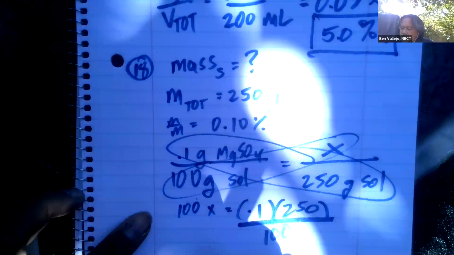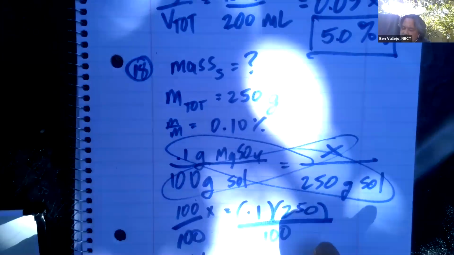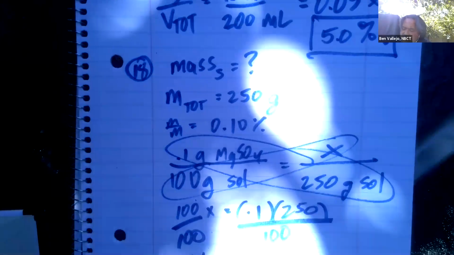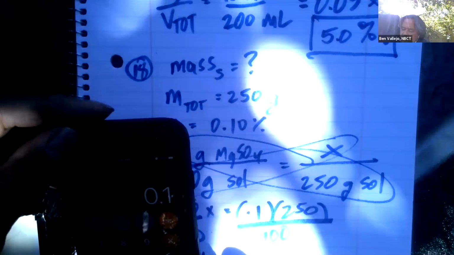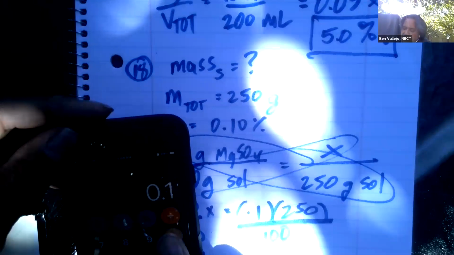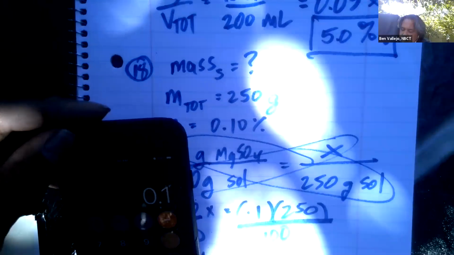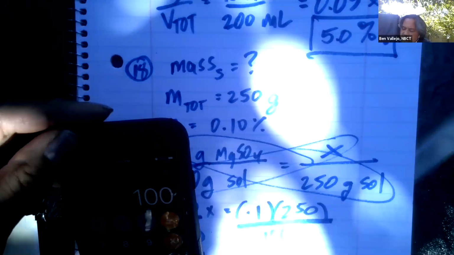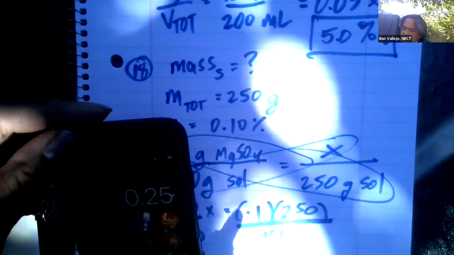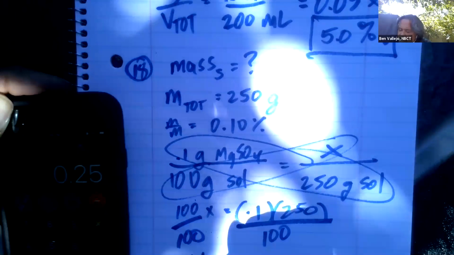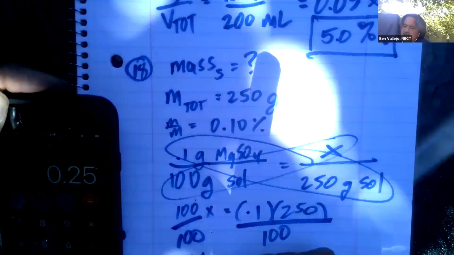So 0.1 times 250 divided by 100 equals 0.25, and this is grams of MgSO4.